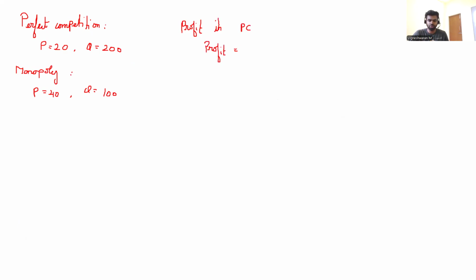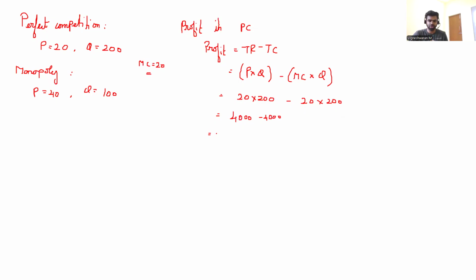Profit will be equal to total revenue minus total cost. Total revenue is nothing but price into quantity, right? Total cost is nothing but MC into Q. Here MC is equal to 20 for both. So in perfect competition, it will be 20 into 200 minus 20 into 200, that is 4,000 minus 4,000, which is equal to 0.